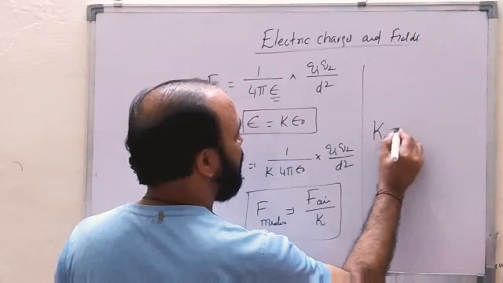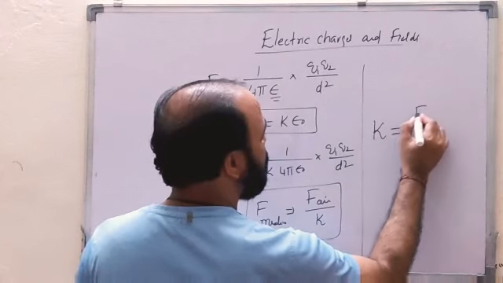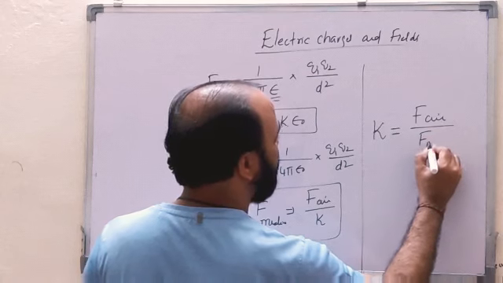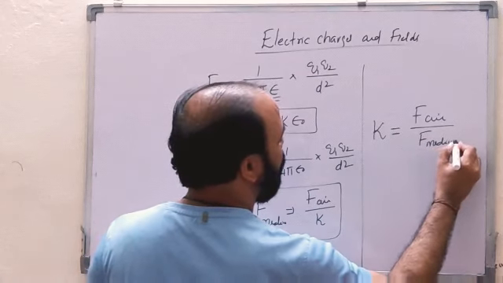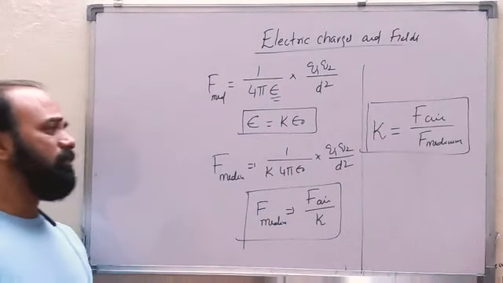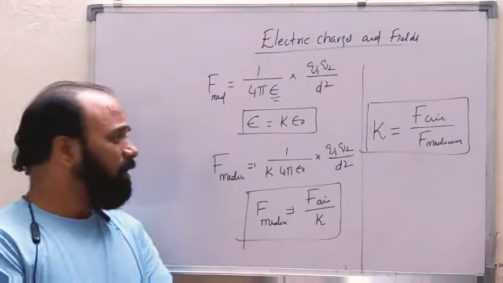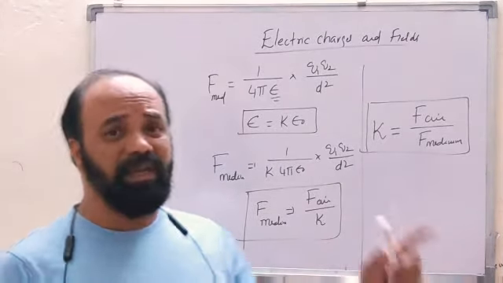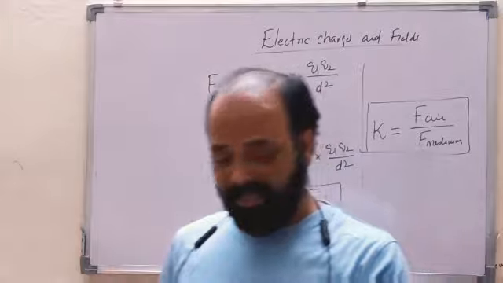Sometimes they will give the dielectric constant like this. The dielectric constant K is equal to force in air by force in the given medium. So this is the way we can write the dielectric constant. So these are the problems related to Coulomb's inverse square law.